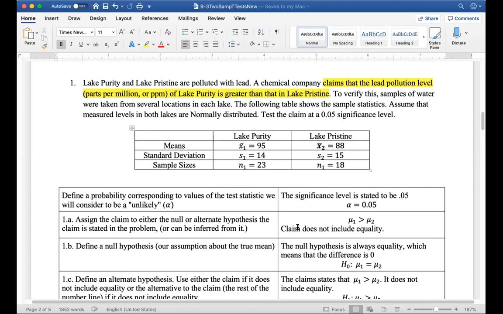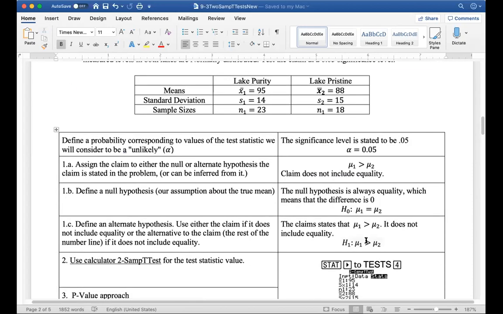So mu1 basically is the mean from Lake Purity, and mu2 is the mean from Lake Pristine, which means that the claim is that the Lake Purity mean, mu1, is greater than the Lake Pristine mean, mu2. So we've got mu1 is greater than mu2. It's a right-tailed test. Alpha, we're told, is 0.05.